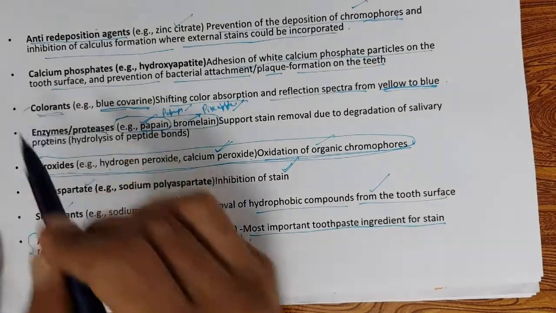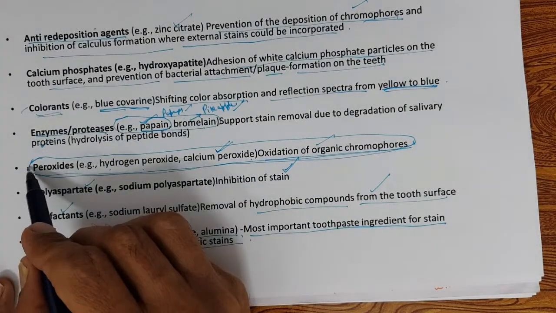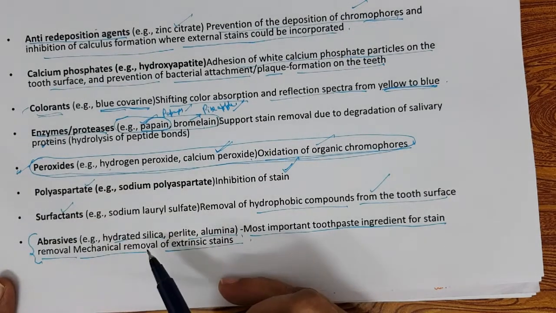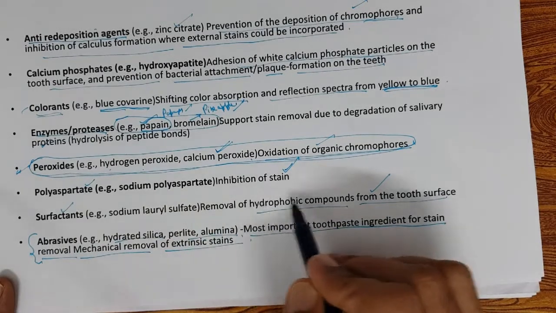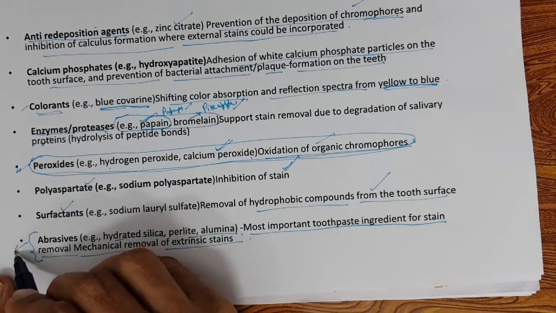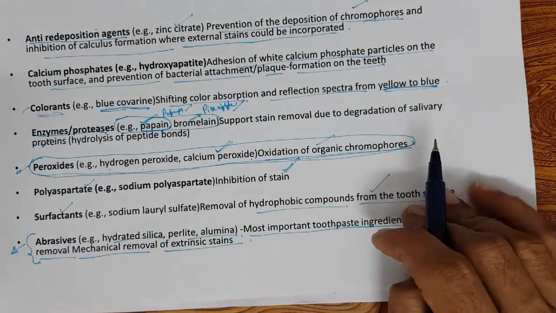Colorants are used in some places, peroxides in most places, and surfactants are used in all toothpaste. Then abrasives, okay?